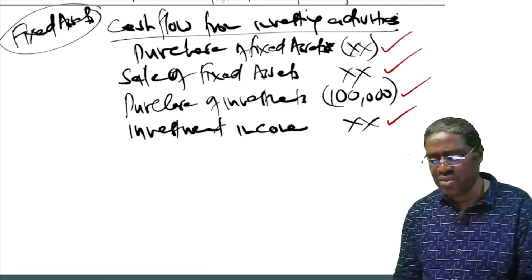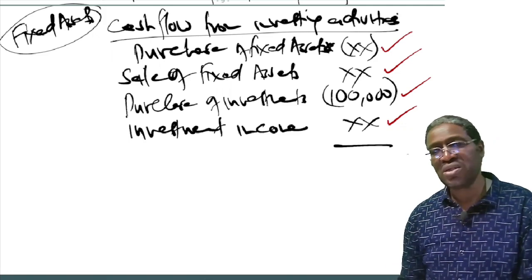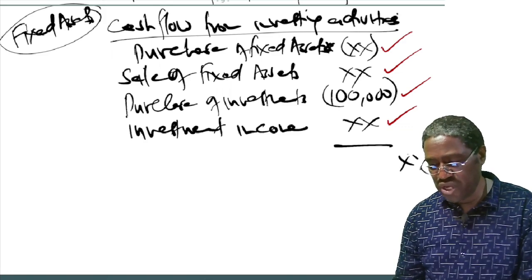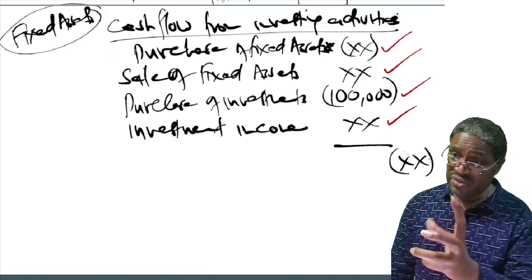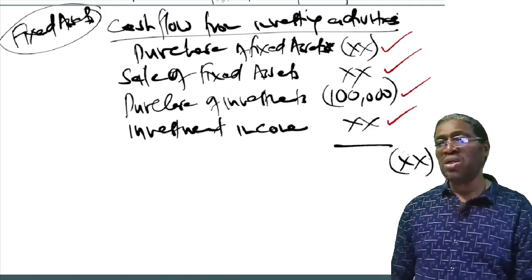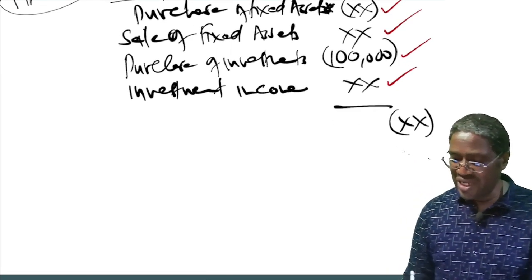So for now, let me assume those were the only ones among the investing. Normally, there are not many. Get the net. For now, I want to assume the net is a negative. That means your negatives were more than positives.